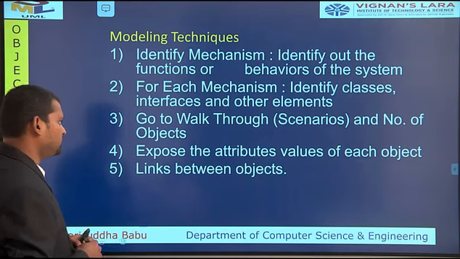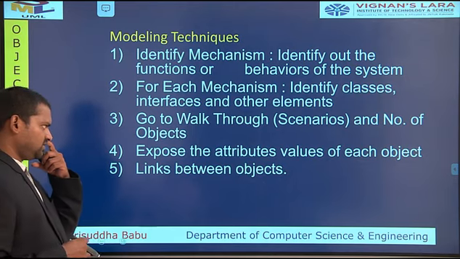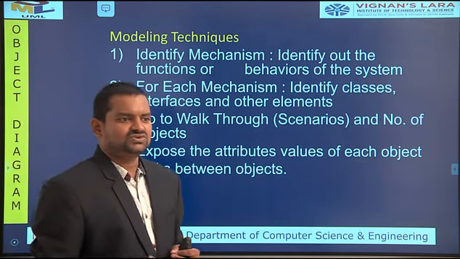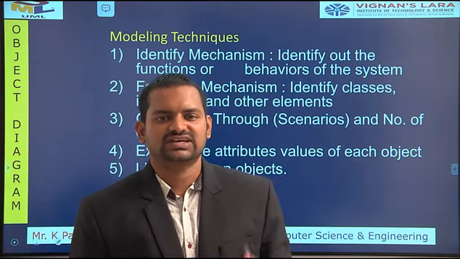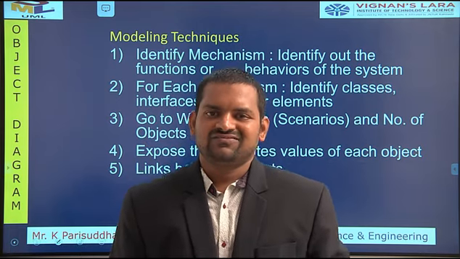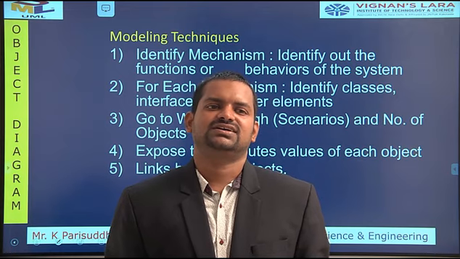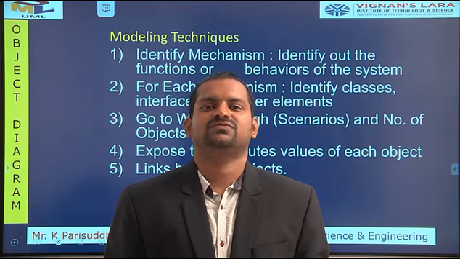That is a scenario. Expose the attribute values of each object. So if you have found many objects in a particular system, when you have found an object, it is also mandatory to write the attributes of that object.